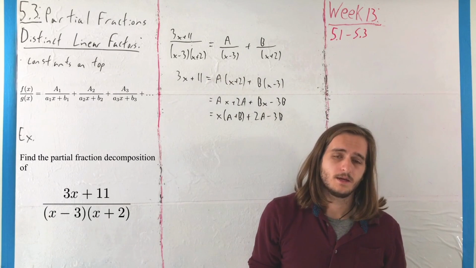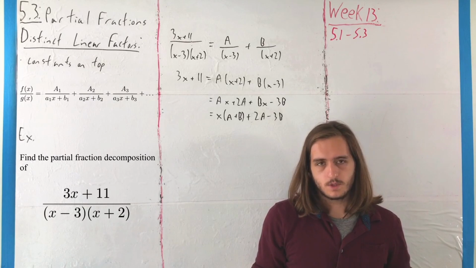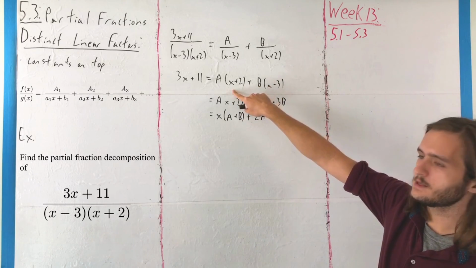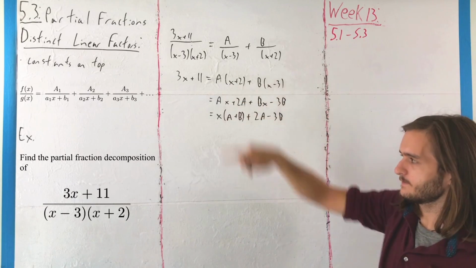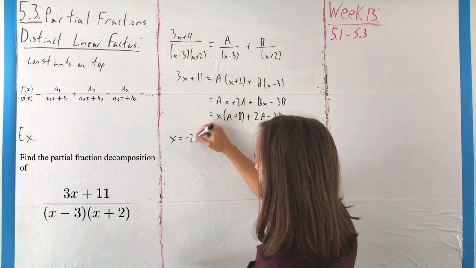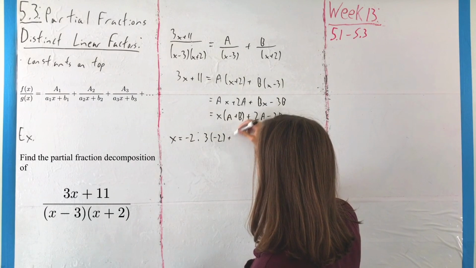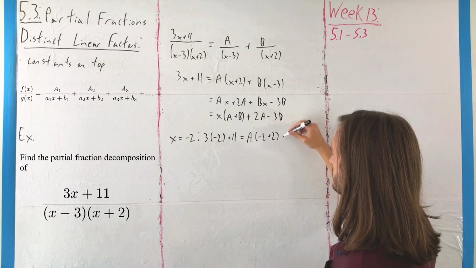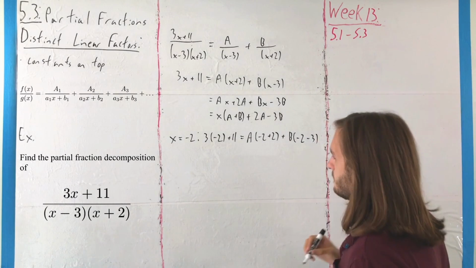But the truth is, that's not the most efficient way you can go about this. You can actually be a little bit more clever here to get your answer. What you can do is recognize that in this case, because of that nice linear factor, if you were to plug in x equals -2, you'd end up getting 3 times -2 plus 11 equals a times (-2 plus 2) plus b times (-2 minus 3).